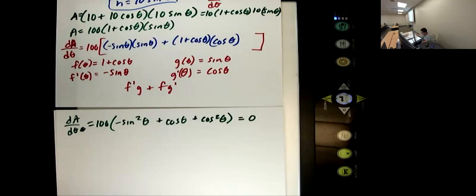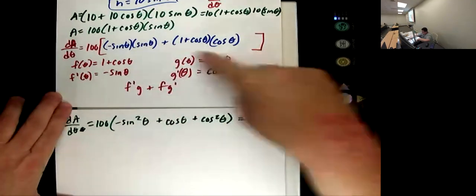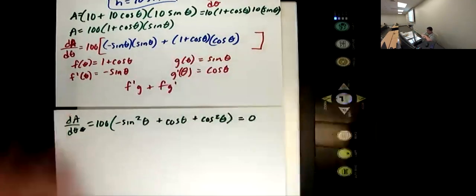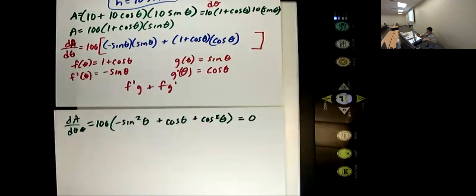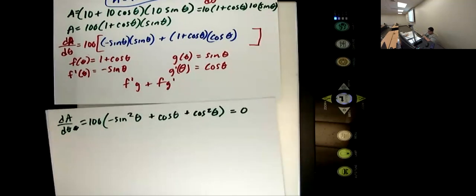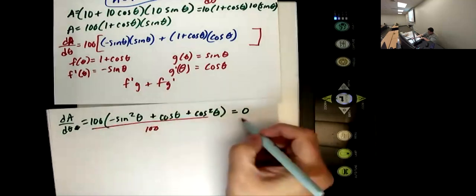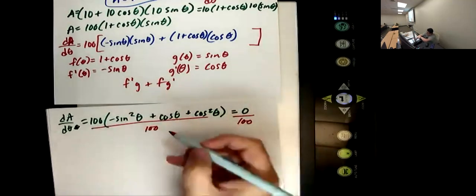G sine goes to cosine, and F prime G, negative sine sine, and then 1 plus cosine times cosine. Okay. All right, so we can divide by 100 right away. Let's get rid of that 100. Don't need it.